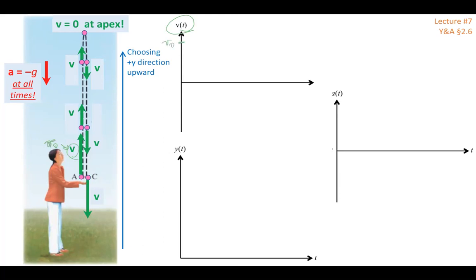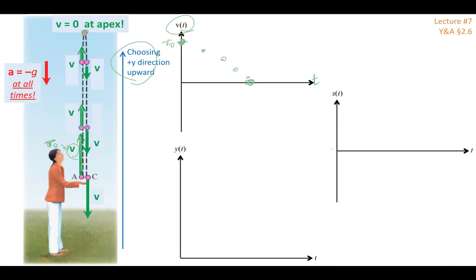And if we choose the positive y direction to be upward, we can see that v naught is positive. So I'll give it a positive value up here. As time goes on, at successive times later, we see that the velocity is still positive, but it's getting smaller and smaller and smaller. So as time goes on, the velocity is doing something like this. Finally, at the very peak, at the apex, the velocity hits 0.